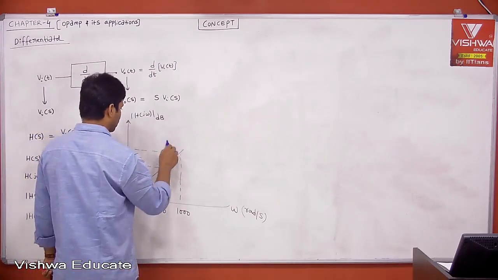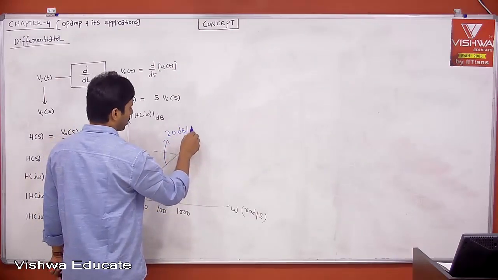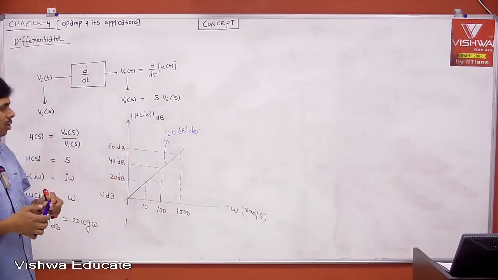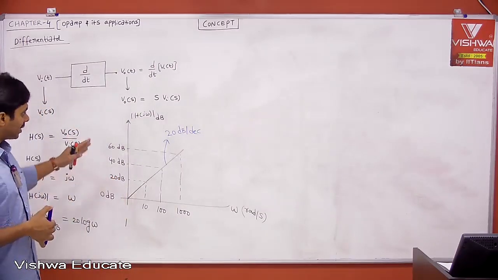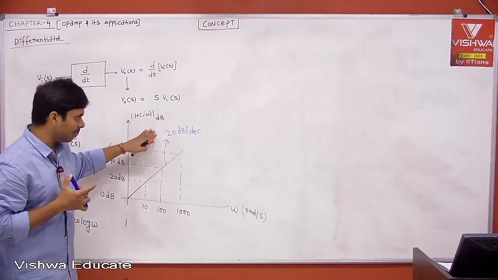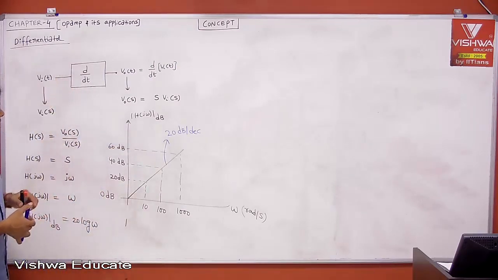This is having the slope plus 20 dB per decade. If it is minus 20 dB per decade, it is integration. If gain increases linearly with the slope of plus 20 dB per decade, then that is differentiation.